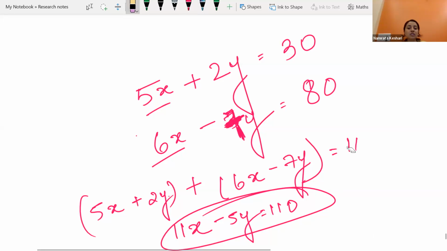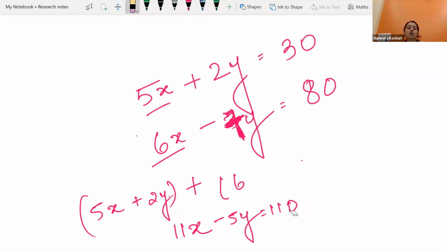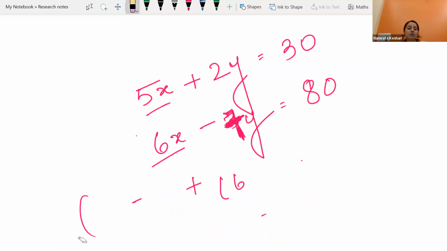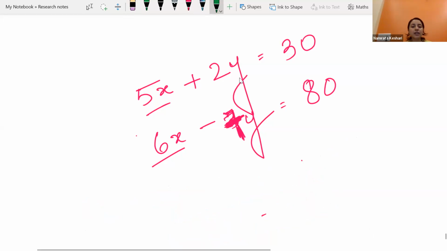If the instruction says to use the method of elimination, then we are bound to use it. So first we will think about making the coefficient the same, either x or y. Let's make y the same. Here 2y is there, here 7y is there.